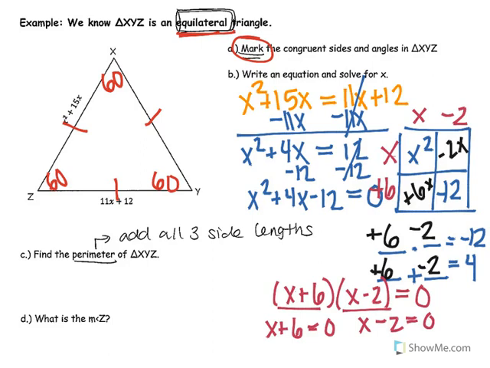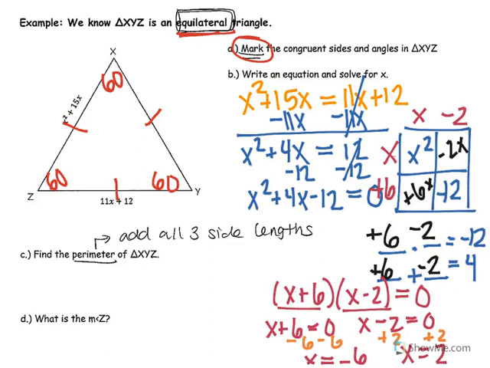And then I can solve from here, and I can subtract 6 from both sides and add 2 to both sides, and we get that x equaled 6 or x equaled 2. Oh, excuse me, I was wrong. Sorry. X had to equal negative 6. 0 minus 6 is a negative 6, or x equals a positive 2.